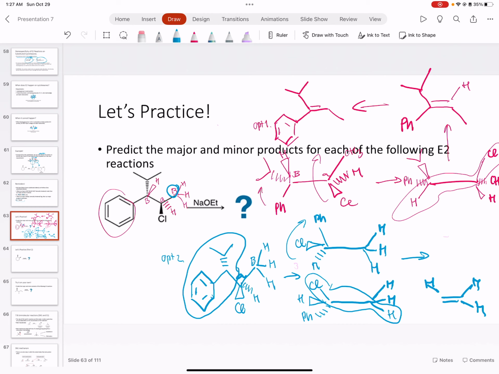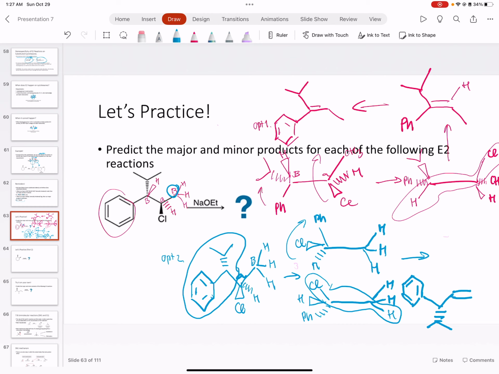So then if I were to draw it correctly, my final answer will look something like this. I have 1, 2, then I have this, and that will be my answer.